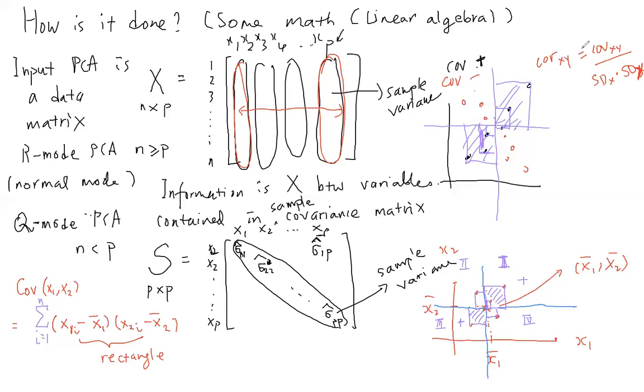So whether your correlation is positive or negative depends on the sign of the covariance, because your standard deviation is always positive. In this case, the rectangles for the negative covariance are on these two quadrants, so you are mostly summing negative rectangles. Therefore, your covariance is negative.